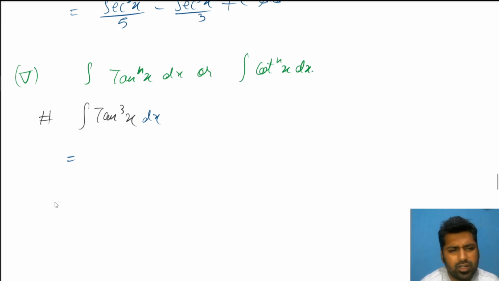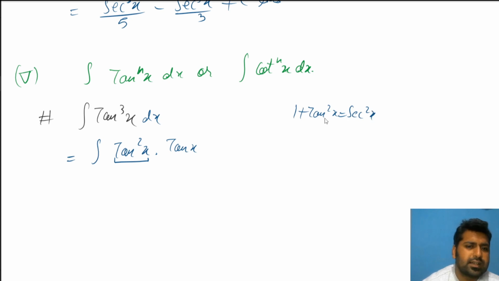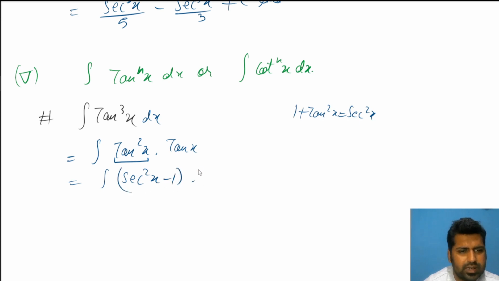First of all, tan cube directly cannot be integrated. So I'm writing this as tan square x into tan x. You might think why? Because there is an identity of square at least. 1 plus tan square x is sec square x. If I generate tan square from it, what do we get? Sec square x minus 1 into tan x dx.